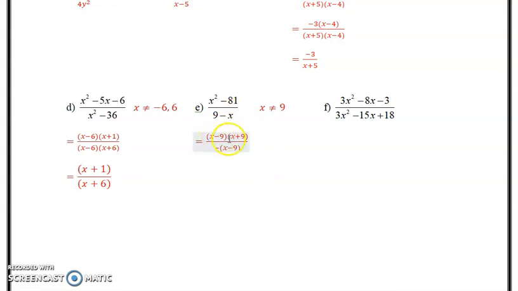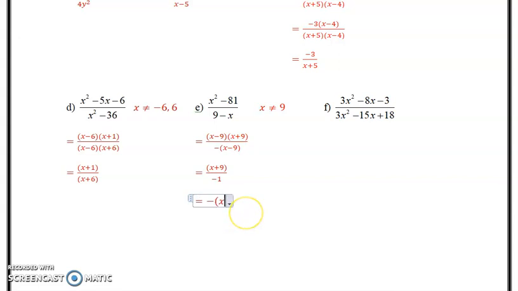So, now the x minus 9s will divide, so I'm going to steal this again. So this x minus 9 divides with this x minus 9, and leaves you with not just negative, we put a negative 1, but we can rearrange this and simplify it down to putting a negative here and get rid of the denominator altogether.